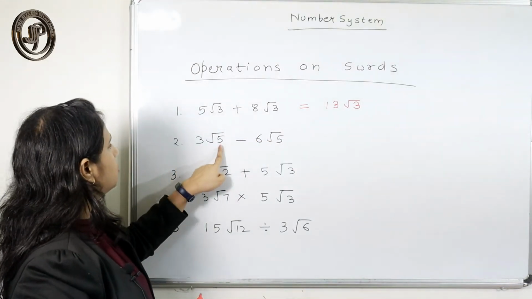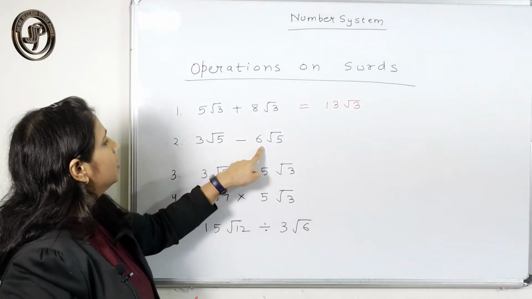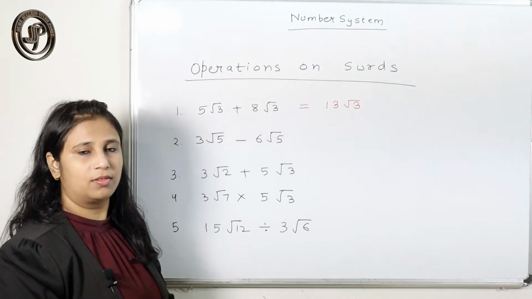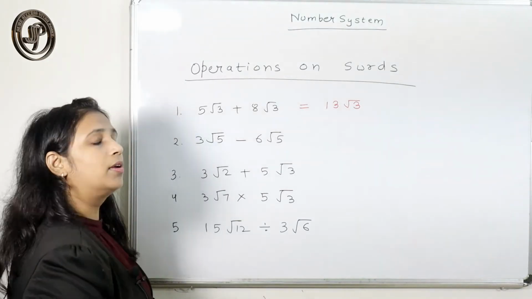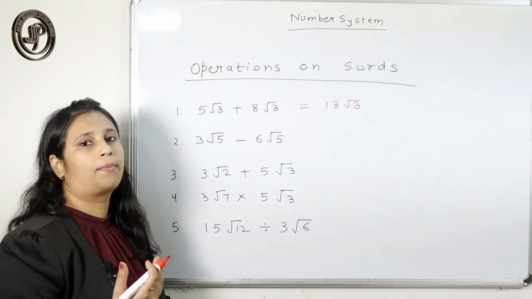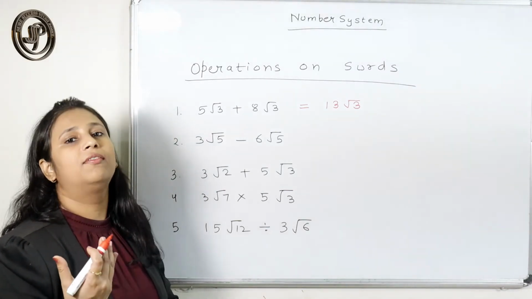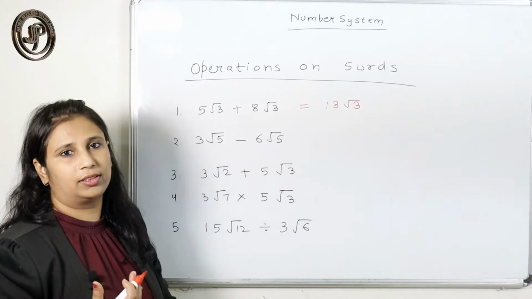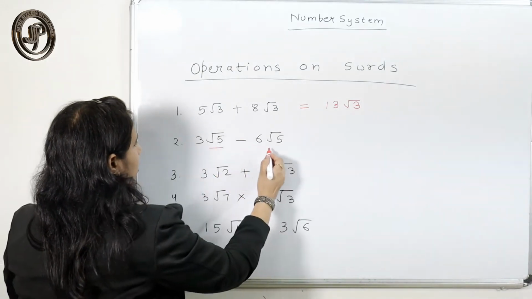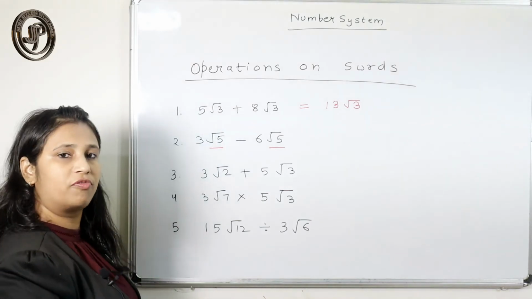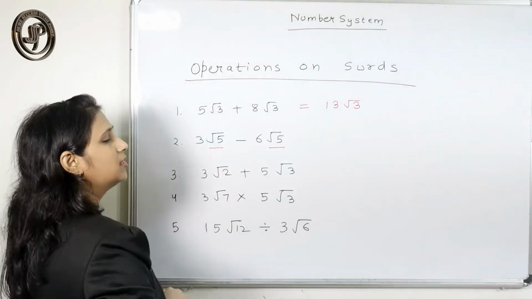Next, 3 root 5 minus 6 root 5. Here you have to do an operation. In addition or subtraction, you can do the operation only when they are like surds. So just check, are they like? Yes, they are like surds, root 5. Don't say it is 6, it is 3.